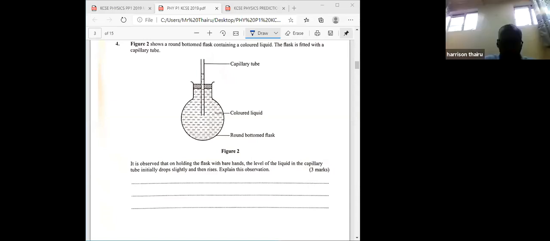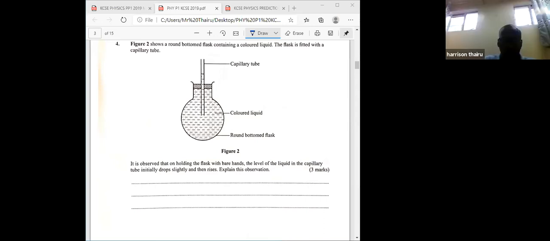When you touch the flask with your hands, the round bottom flask expands fast, making the level of the liquid to drop. Then the colored liquid expands faster, hence it rises. That is it. So the first mark is to show that the flask expands fast.